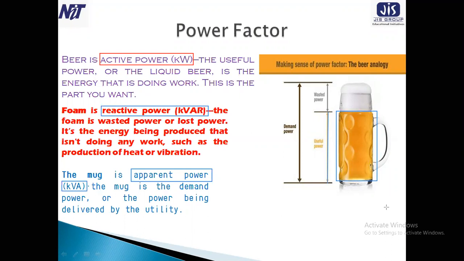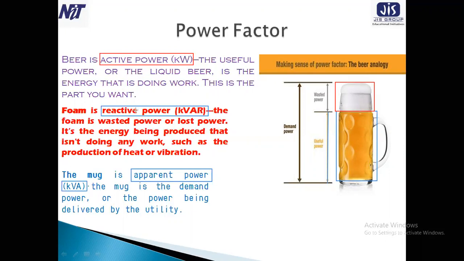Now if you search, you will find that if you take some beer from a bottle to a glass, then some part of the beer will be a foam, the upper part of the beer.